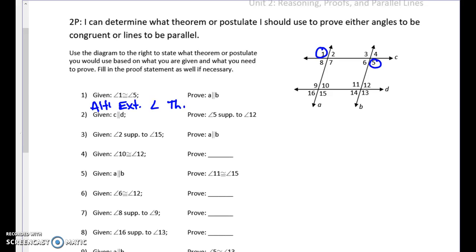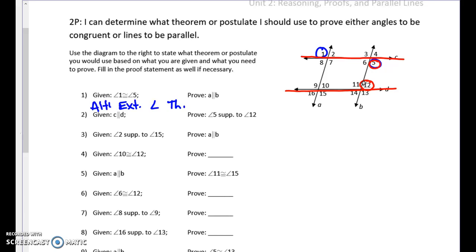So number 2, if I'm given C parallel to D, so if I'm given that these lines are parallel, what theorem would I use to prove that angle 5 is supplementary to angle 12? Well, when I'm looking at that, I can see that 5 and 12 are consecutive interior angles.